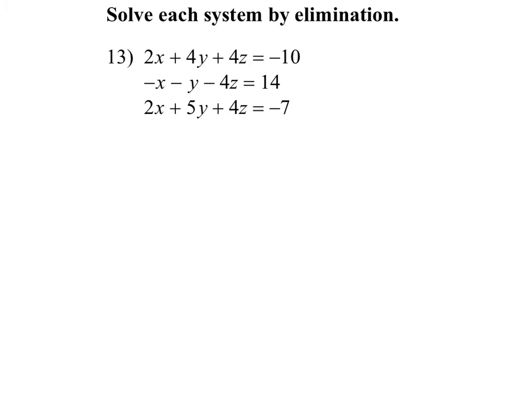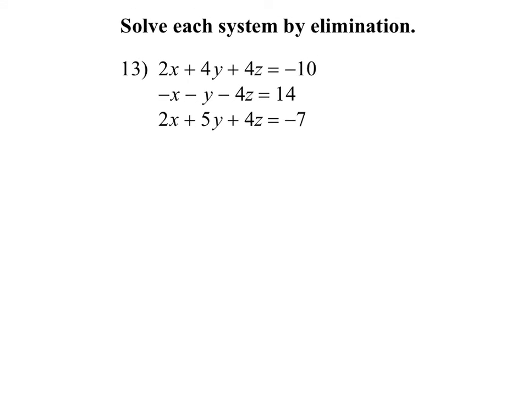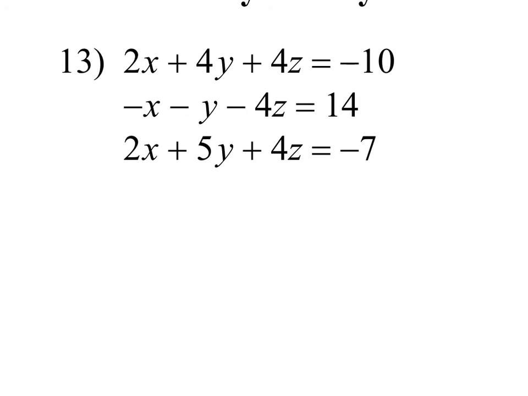What looks like a good one to eliminate, x, y, or z? X. All right, we can eliminate x. We can eliminate whatever we want. Some would be easier to eliminate than others, but one that would be less work would be to eliminate z, because these are already the same number, and we have one that's opposite.